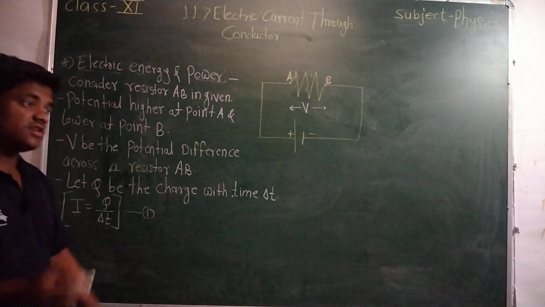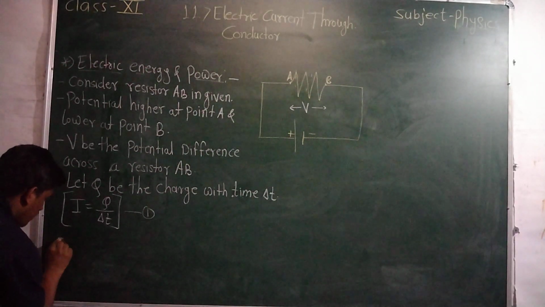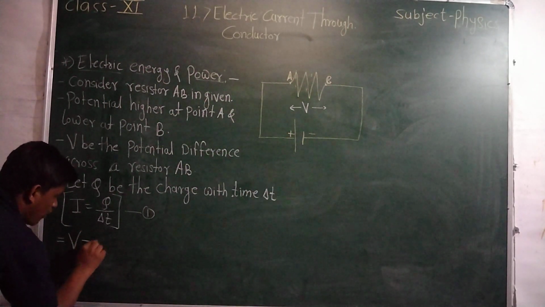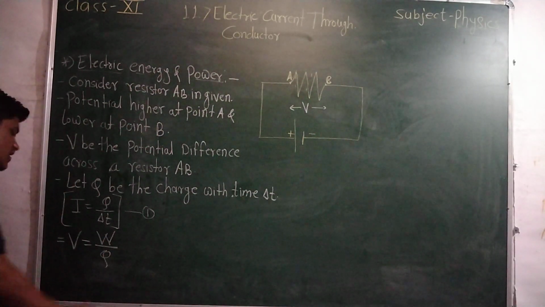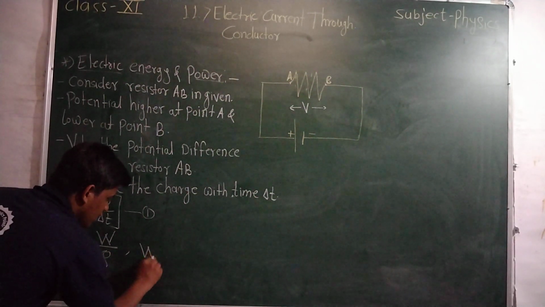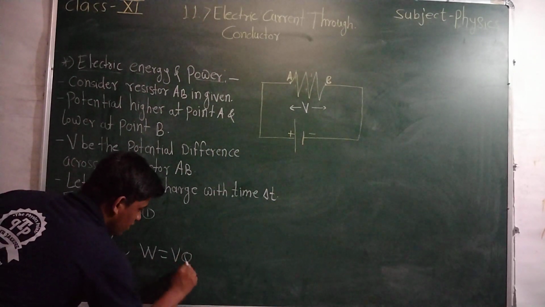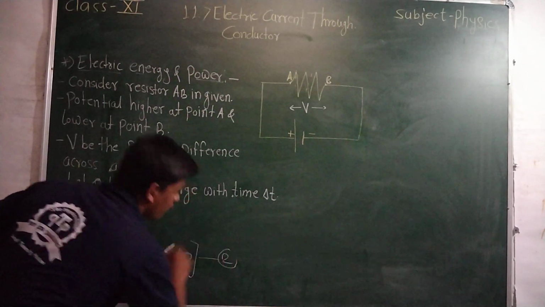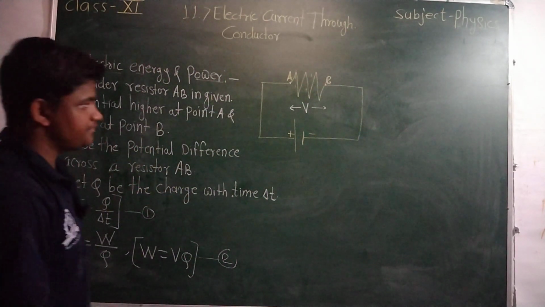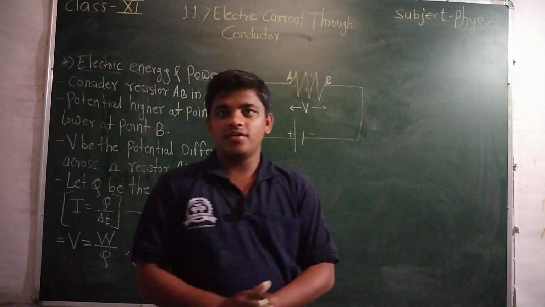So work done in the circuit per unit charge is the potential difference, and the work done is equal to the potential difference multiplied by the charge q. This is another important equation, equation number 2. This is the summary.